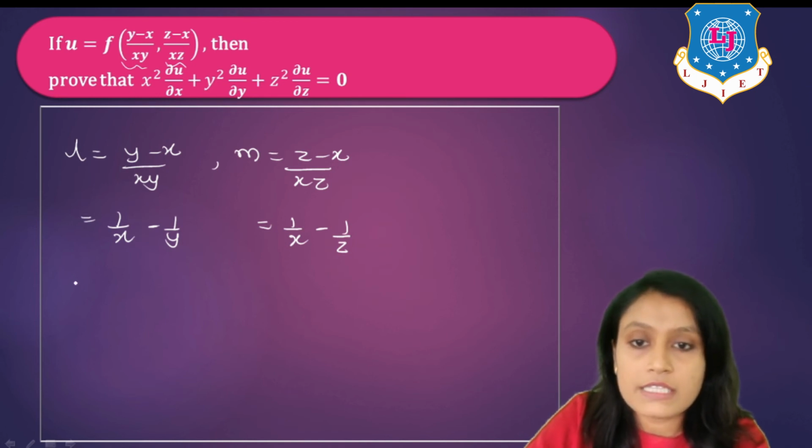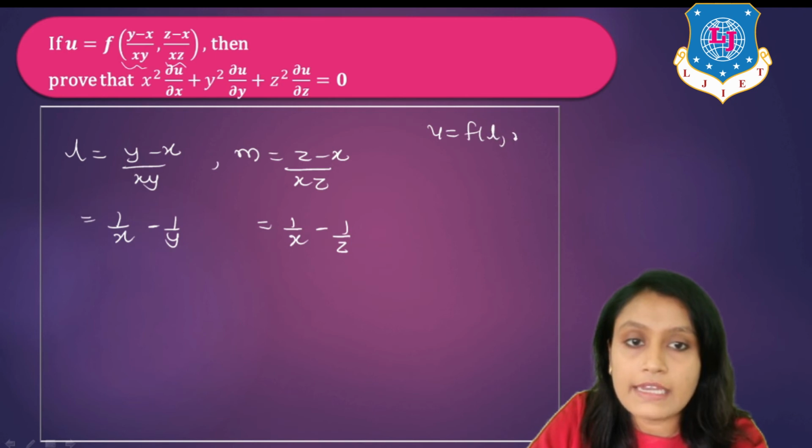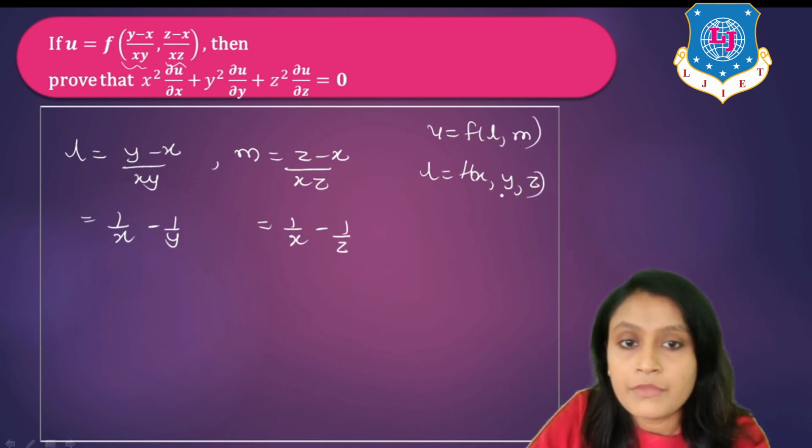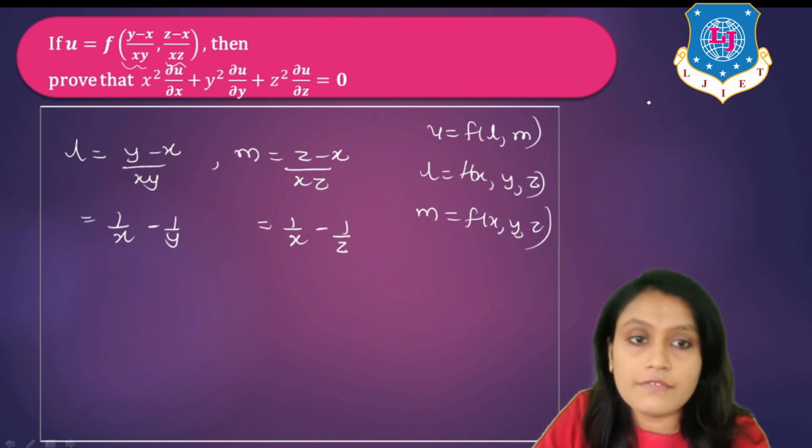Okay, so you can see that this u is a function of L and M, right? And this L is a function of x, y, z, and this M is also a function of x, y, z. So firstly we will draw the tree diagram.